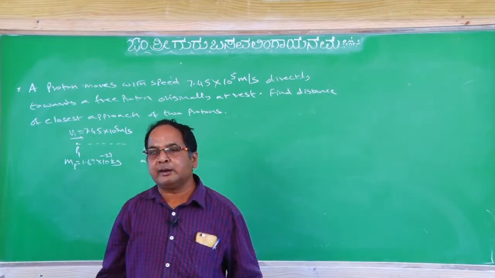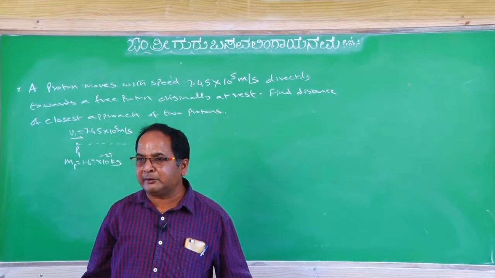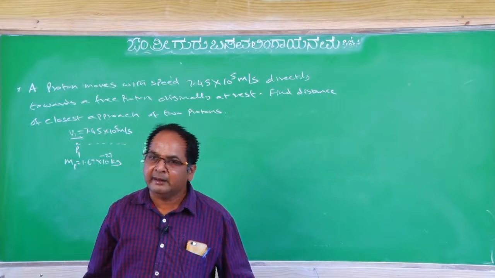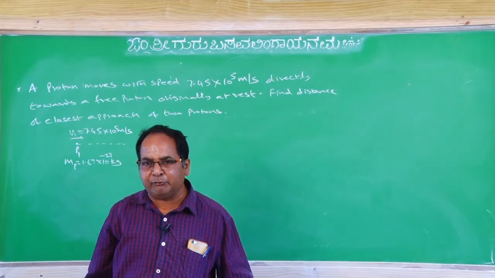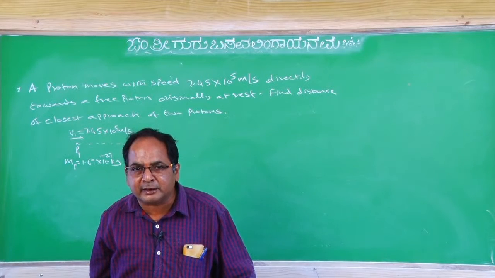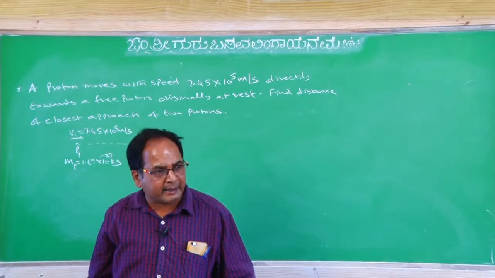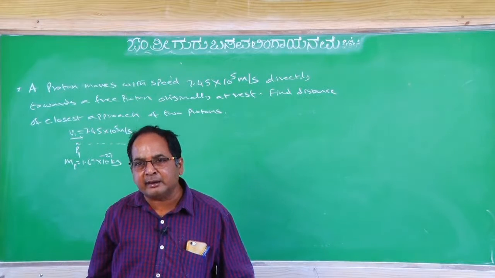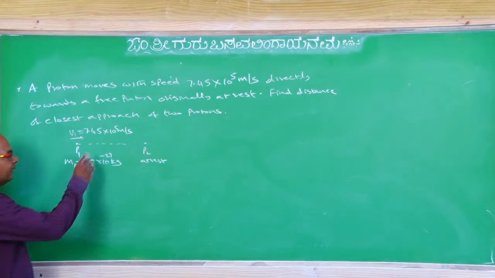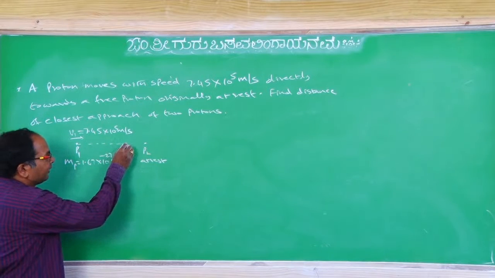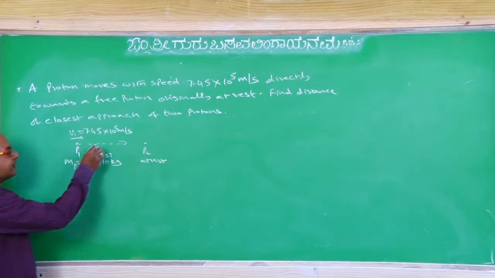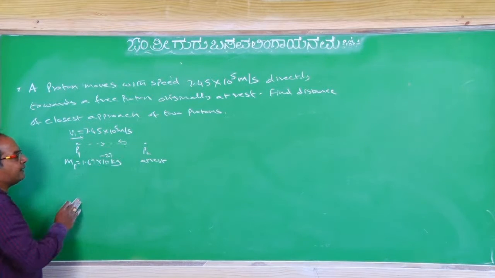That is why, don't think that since both protons are positive charge, the force of repulsion is acting. Here force of attraction and force of repulsion both are acting. Only up to the closest approach, attractive force is acting. After that, repulsive force is acting. So after moving this far, it comes back. That means it is repelled. Initially, it is attracted; after that, it is repelled.